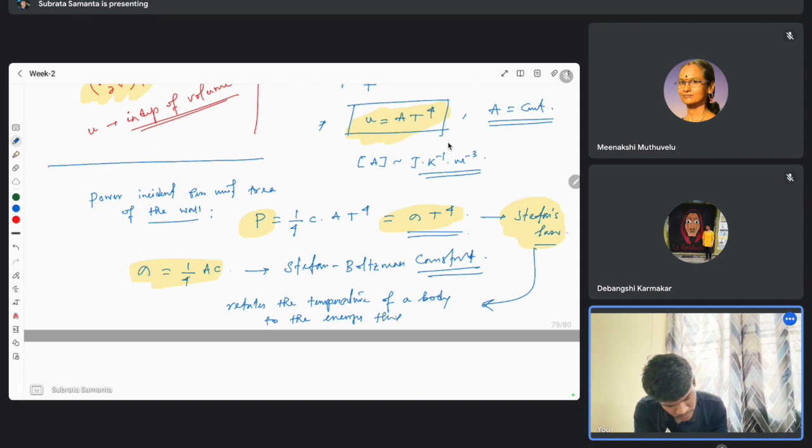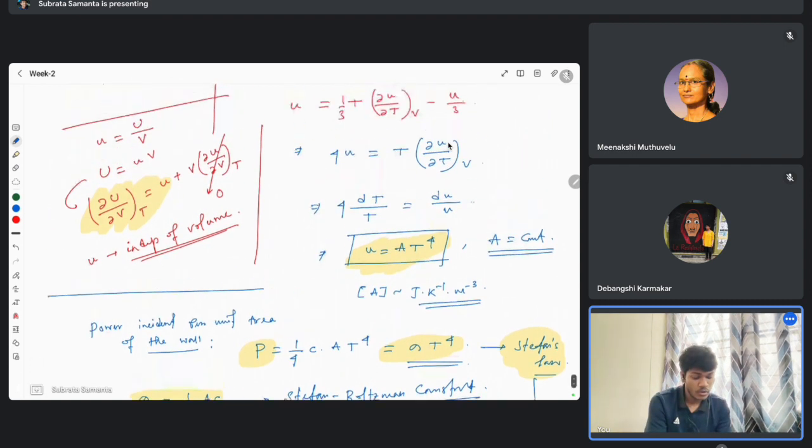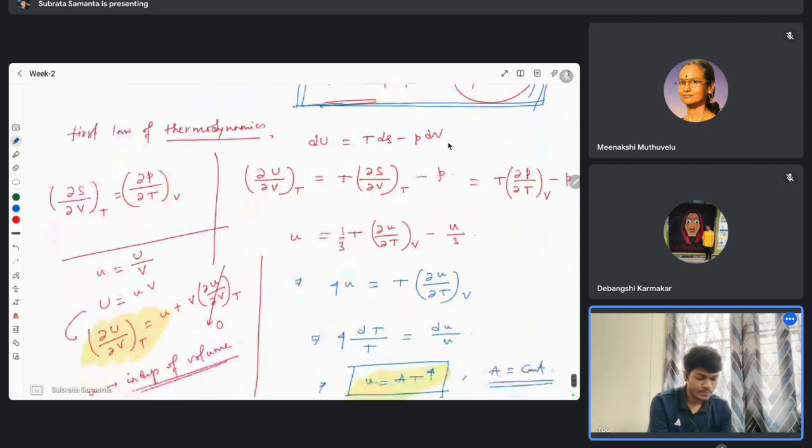If we derive this, E equals sigma times T to the power 4, we need this formula. That's why I tell you the importance of this.